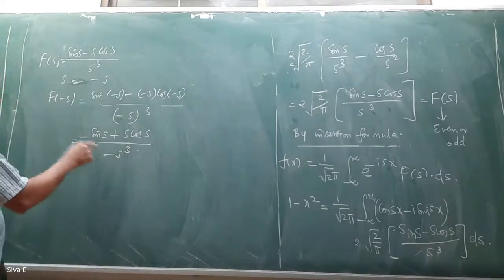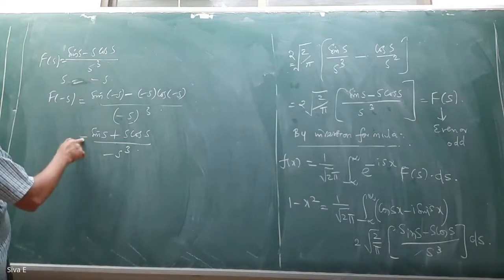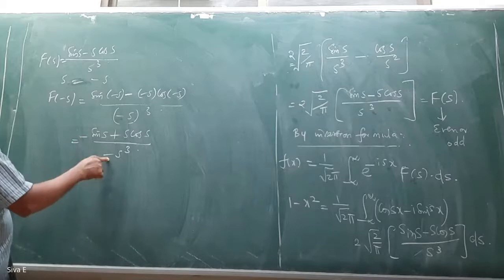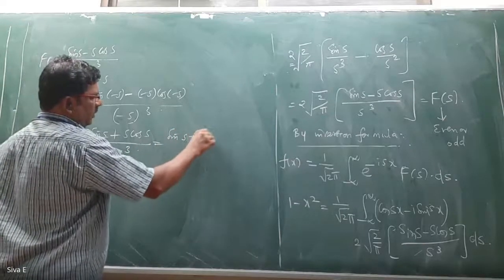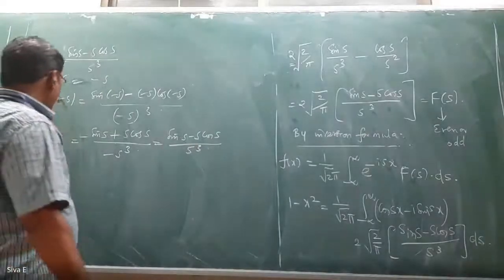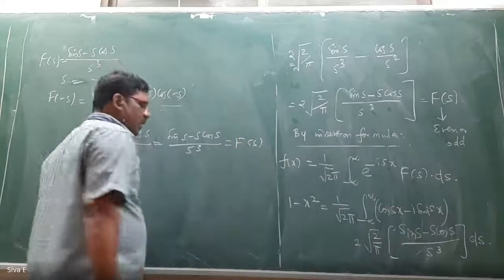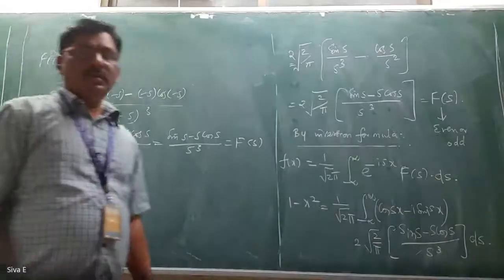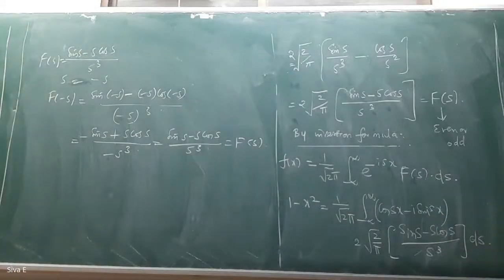So cancel that minus with the minus here. You take the minus outside and cancel it with the minus here: sin s minus s cos s by s cube. Once again you got f of s here. Is it an even function or an odd function?